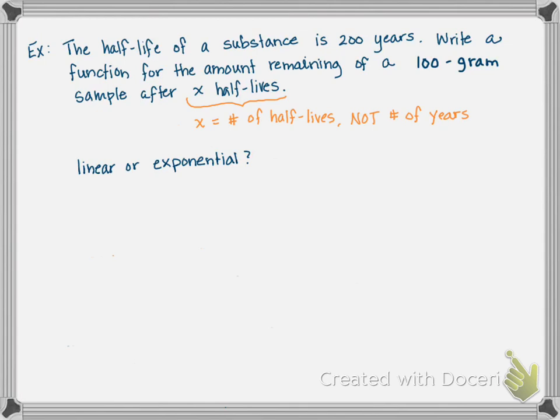It's not the same every 200 years. It's based on what I had in the period before that, so I'm losing a fraction of it every 200 years, not a set amount. Because if I lost 50 grams every 200 years, then after 400 years, it'd all be gone. So it's exponential.